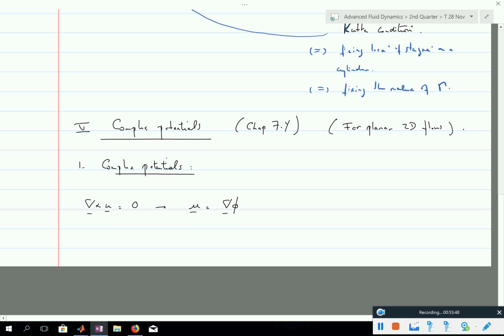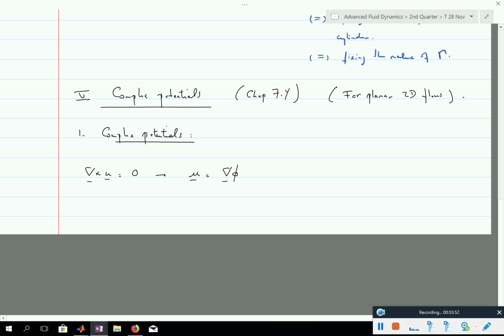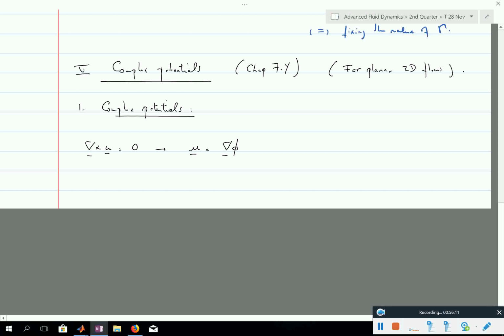So we can write u as the gradient of a potential. This is a real function, right? When I say real function, I don't mean that it's a fake function. I mean it's a function that takes its values in R, the real numbers. It's a number. And it's a real function in the 2D plane.